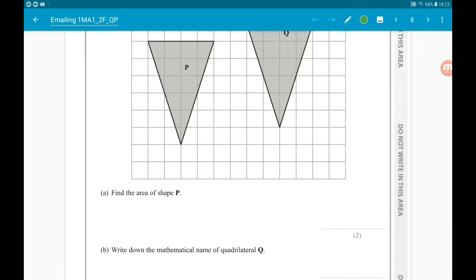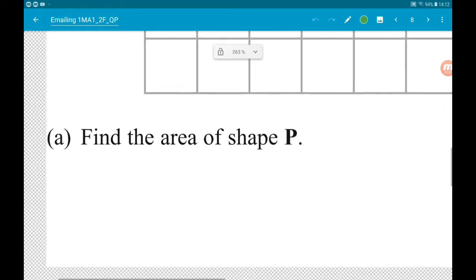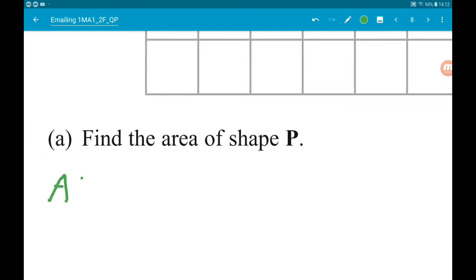Part A wants us to work out the area of shape P. So, the area of a triangle is base times height, divided by 2. Now if you haven't yet, check out my formula video down below with all the formulas that you need and a printable PDF copy.